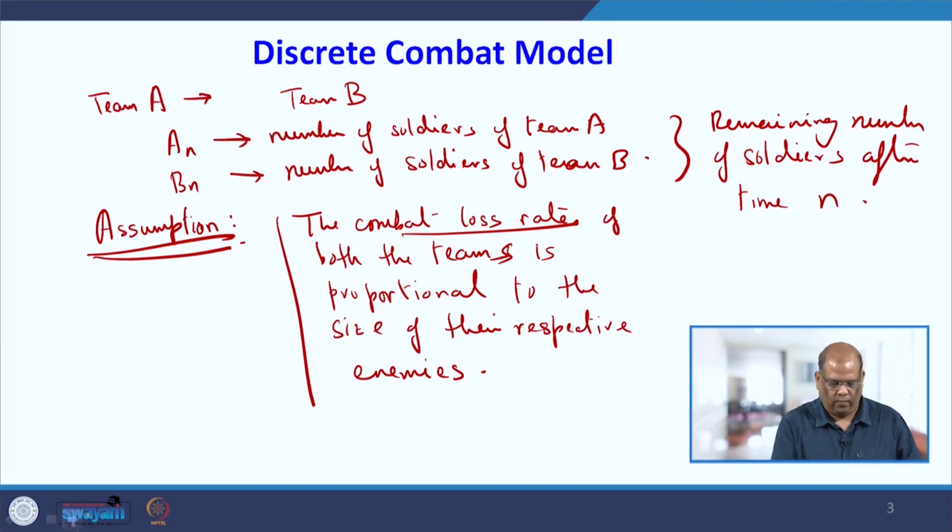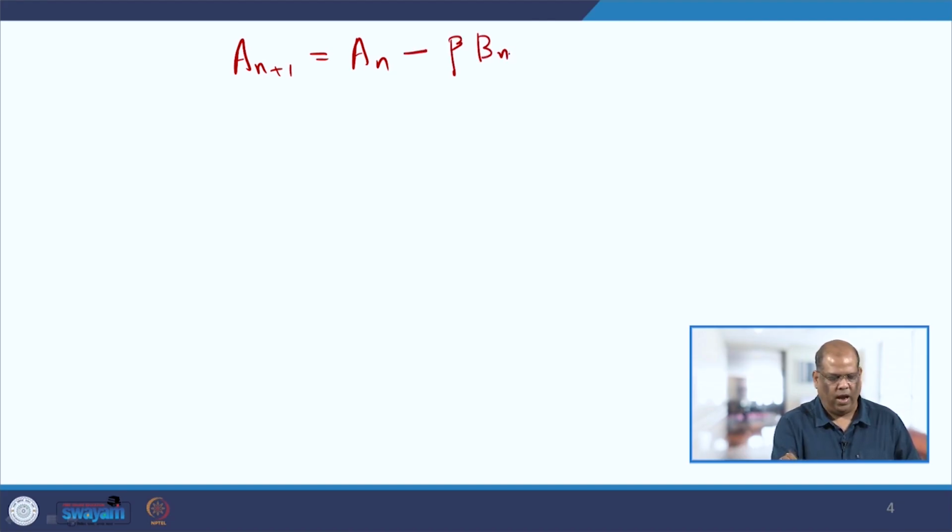Now, if you formulate the model using this assumption, A(n+1) will be A(n), but the loss rate will depend on the size of the B team. So, minus some beta times B(n) plus R1. What is this beta?